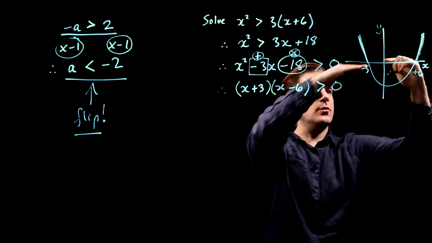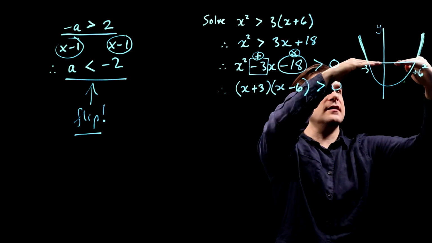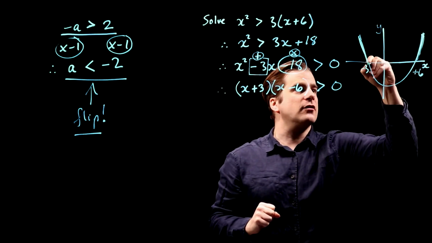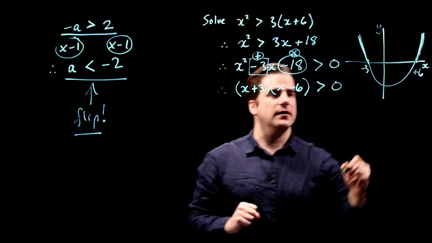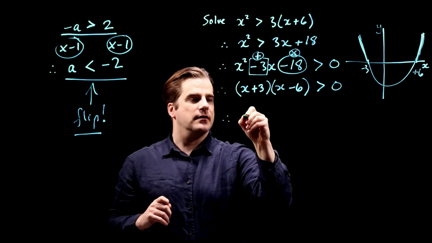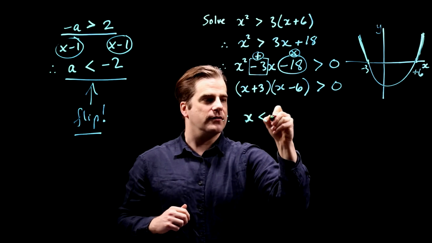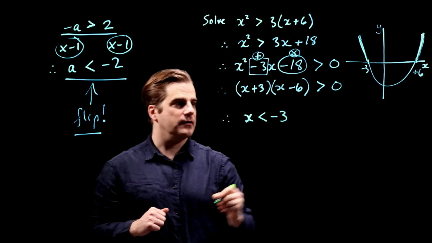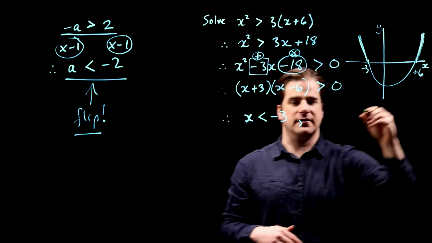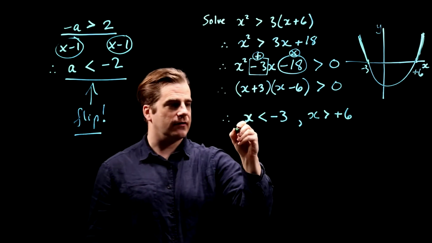Y is less than 0 for all these values, but it's greater than 0 for all these. So what values of x does that correspond to? Well, we know it crosses at minus 3 and plus 6. So therefore, this is true where x is less than minus 3, and where x is greater than plus 6. Okay, and that's the answer.